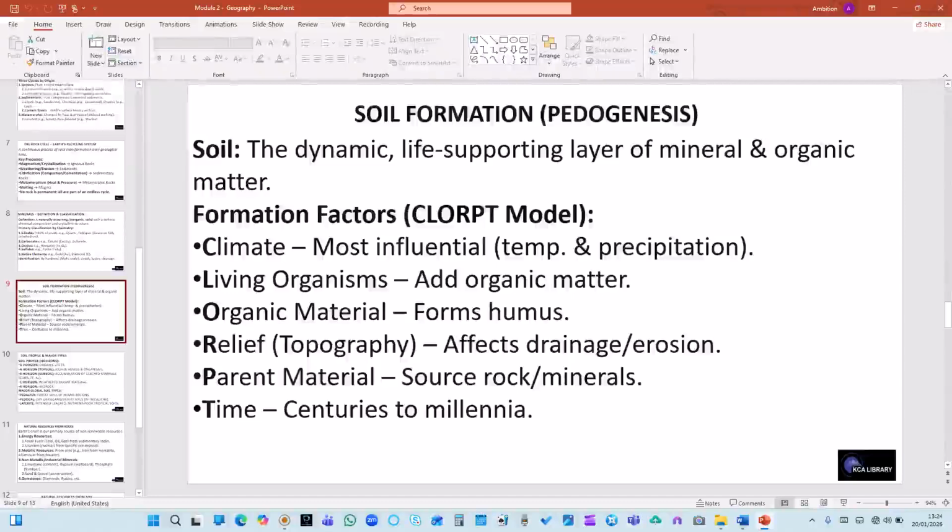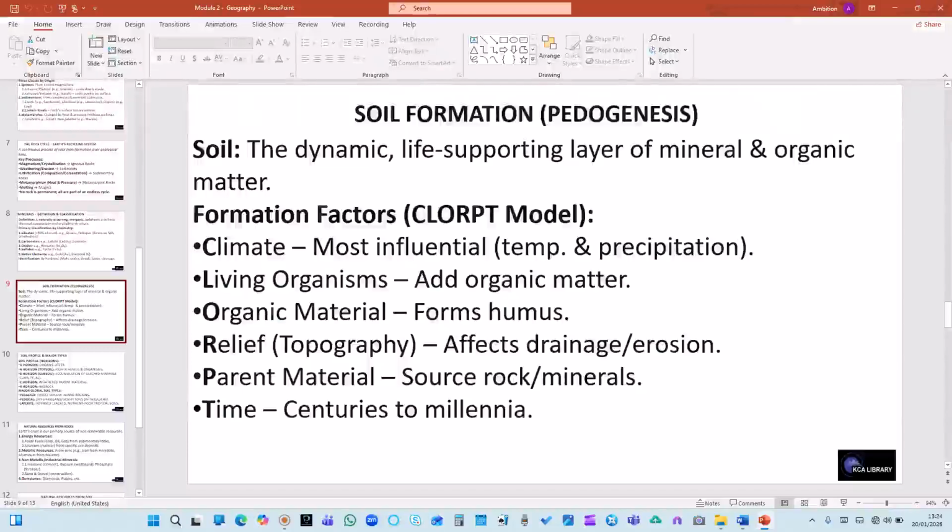Number two factor in soil formation is living organisms, that is human beings, animals, and plants, which add organic matter to the soil. Number three factor is organic material, in the form of humus.